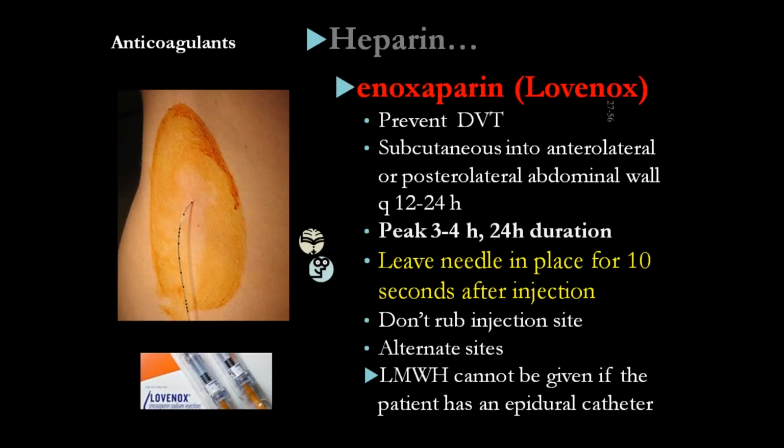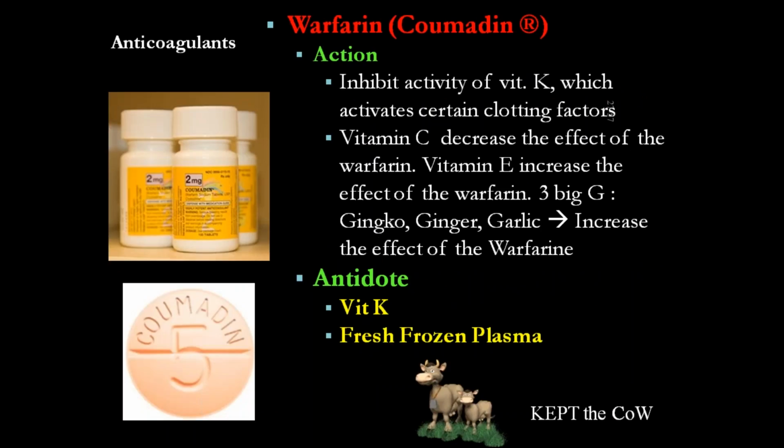Enoxaparin is heparin again, and it has some indications, such as preventing DVTs. It is given subcutaneously in the anterolateral abdominal wall, so on the sides of the abdomen, not in the center. Peak is very fast, 3 to 4 hours, and it has a 24-hour duration. The needle needs to stay in for about 10 seconds after injection. Don't massage the area because it can produce bruising.